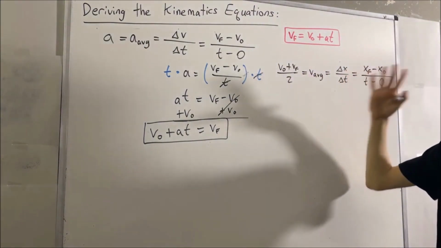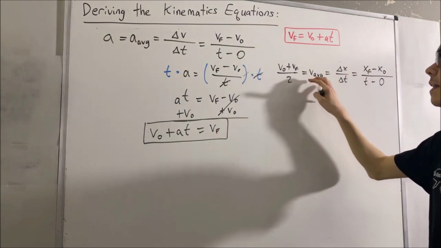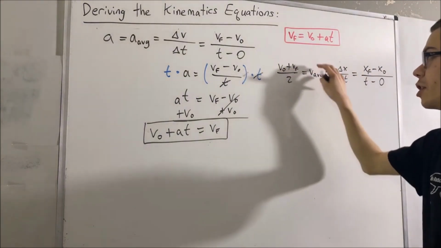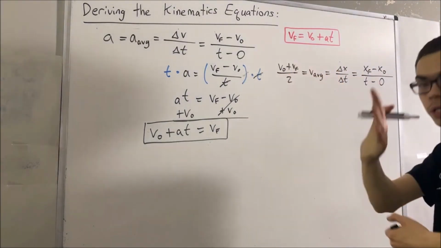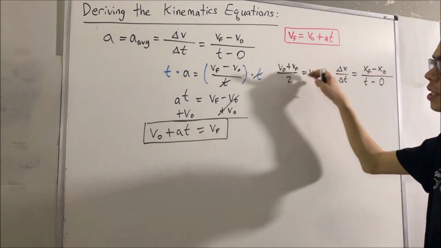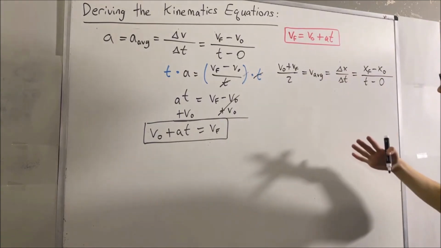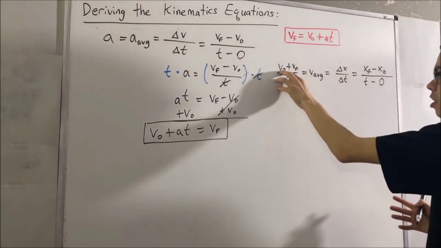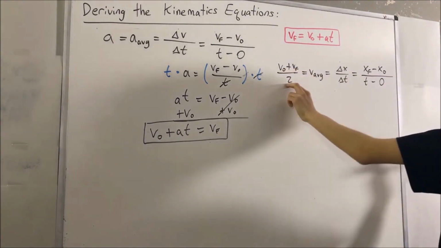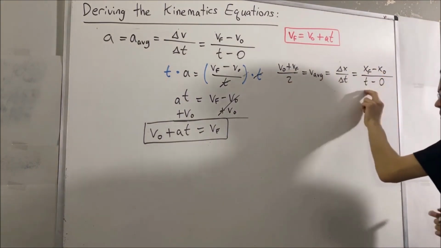I could make a separate video deriving that this is what average velocity is under a constant acceleration, but in this video, we're just going to use it to help us derive this second kinematics equation. Okay, so really what we have here is that (V naught plus Vf) divided by 2 is equal to (xf minus x naught) divided by t.